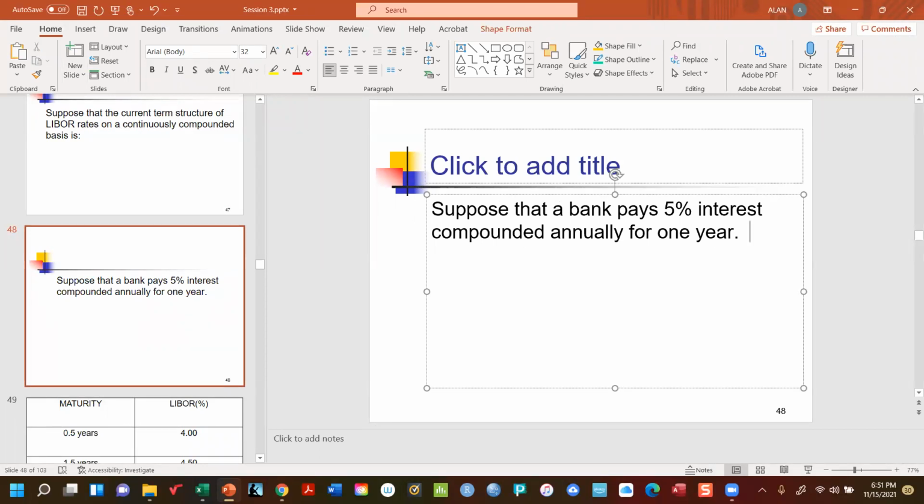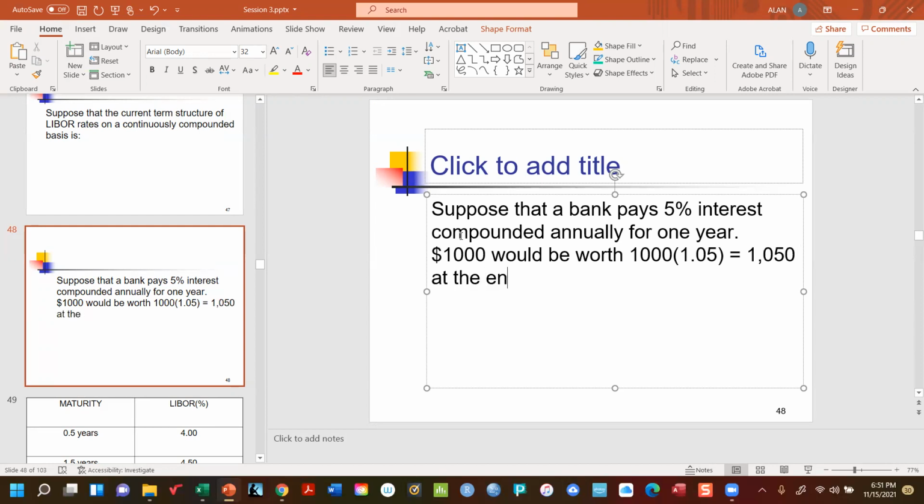That means that we get paid at the end of the year 5% based on our balance in the account. So $1,000 would be worth, simply, 1,000 times 1.05 equals 1,050 at the end of the year.